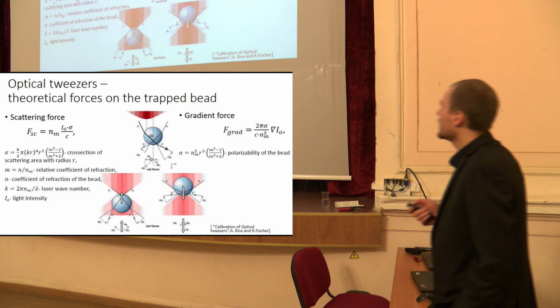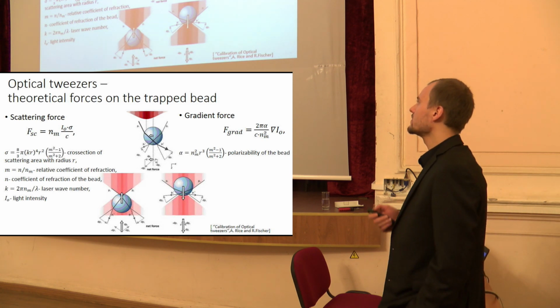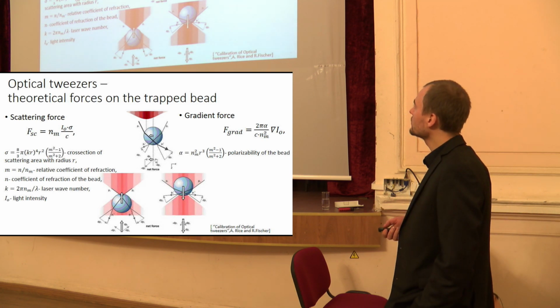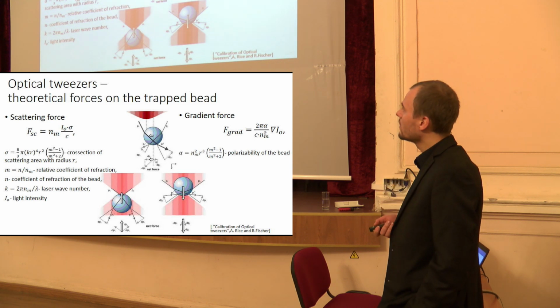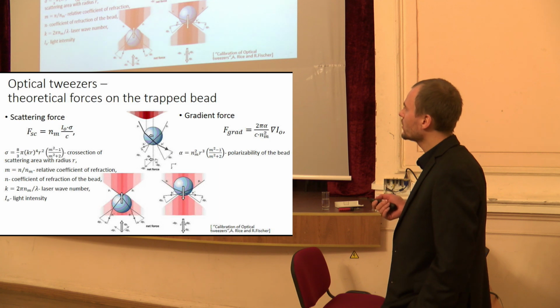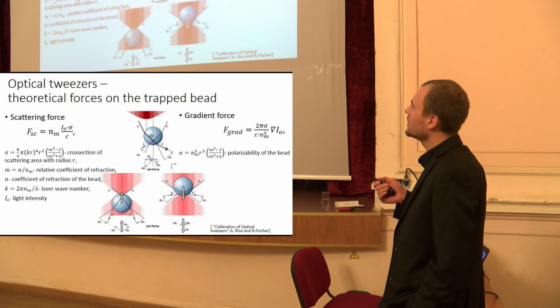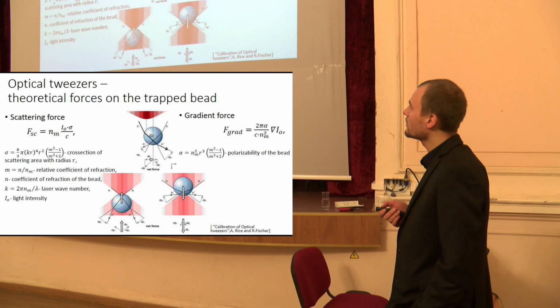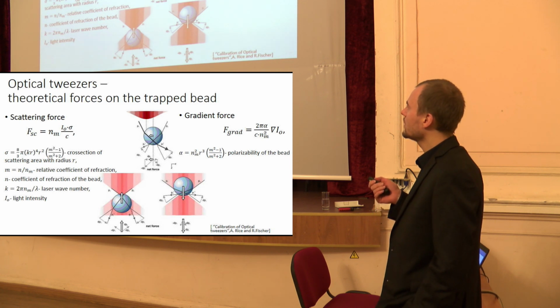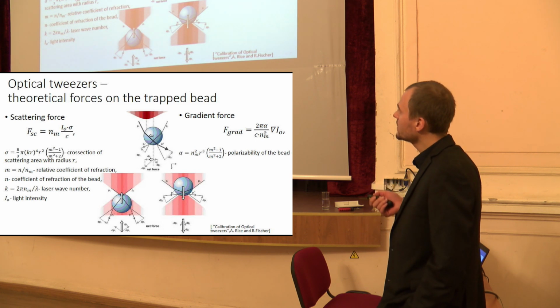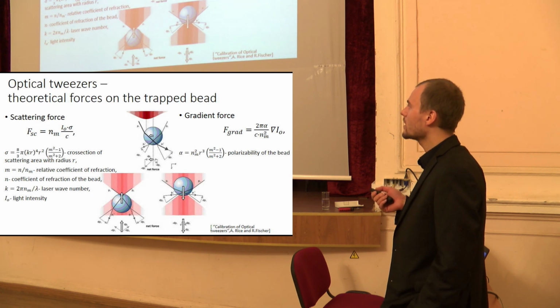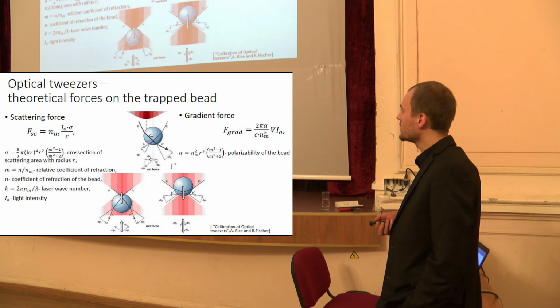So how does the trap work? Theoretically it consists of two forces: one is the scattering force and the other is the gradient force. The scattering force depends on the refractive index of the medium, the intensity of the laser, the speed of light, and sigma, the scattering cross-section with radius r, which is the radius of the bead.